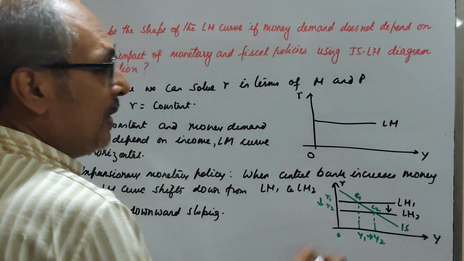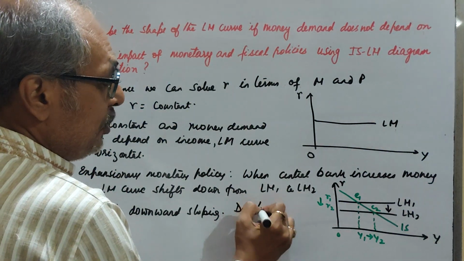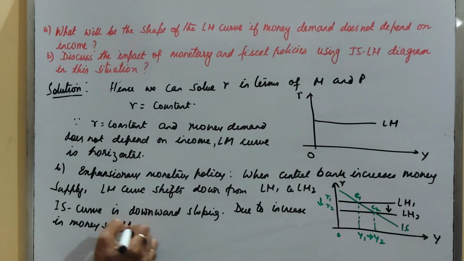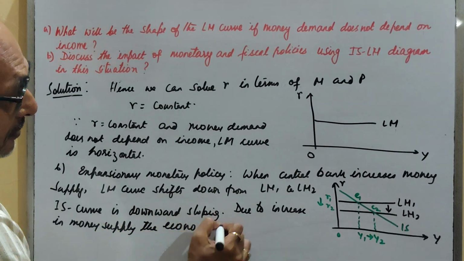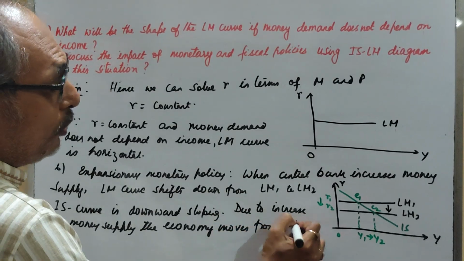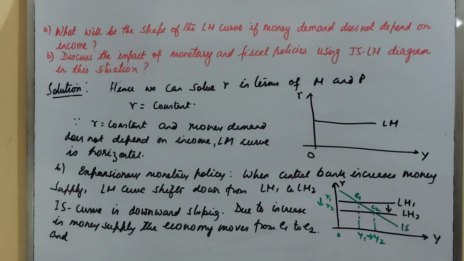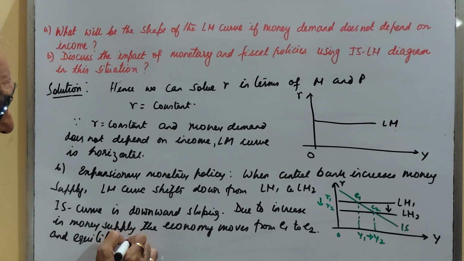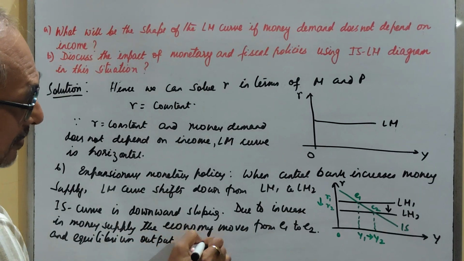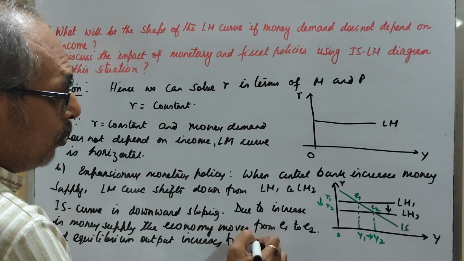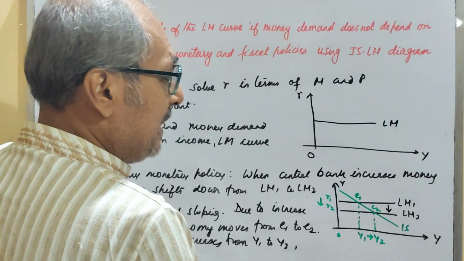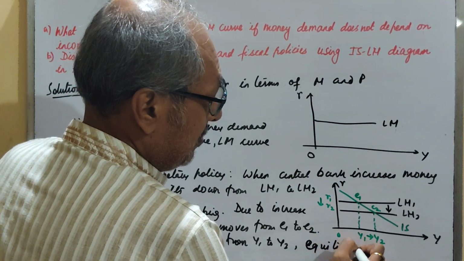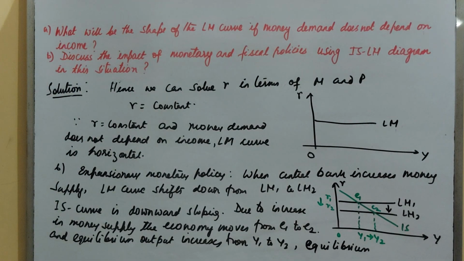Due to the increase in money supply, the economy moves from E1 to E2, equilibrium output increases from Y1 to Y2, and equilibrium rate of interest decreases from R1 to R2.